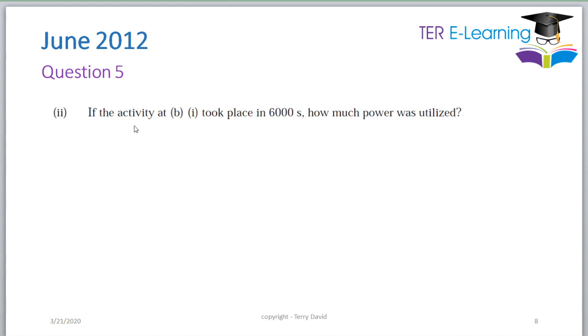So they want us in this next part. They said if the activity in B1 took place in 6,000 seconds, how much power is utilized, right? Now, you all need to know this formula. Power is energy over time, right? Power is the rate at which work is being done. So you just worked out the amount of heat there, or energy required.